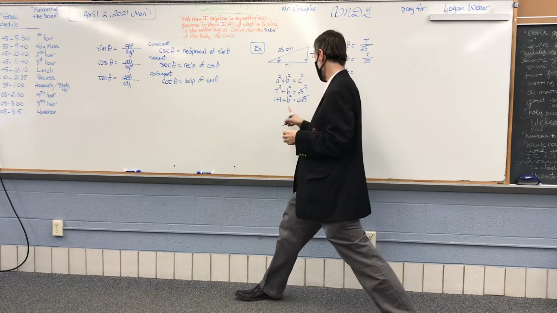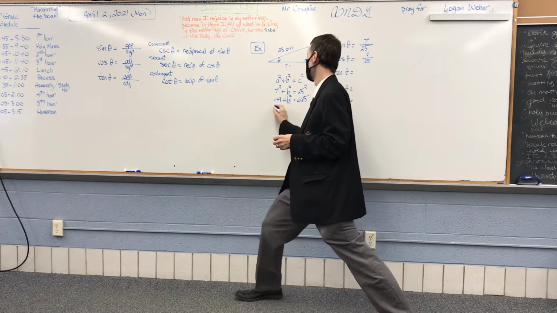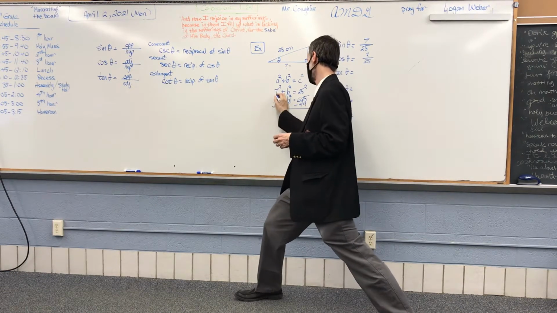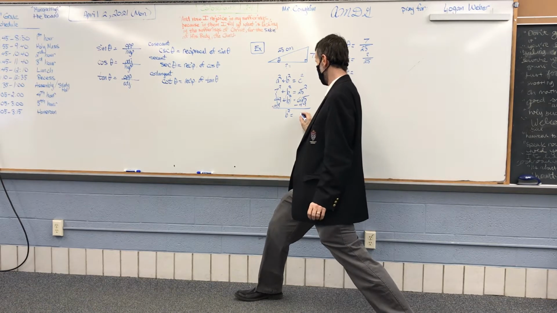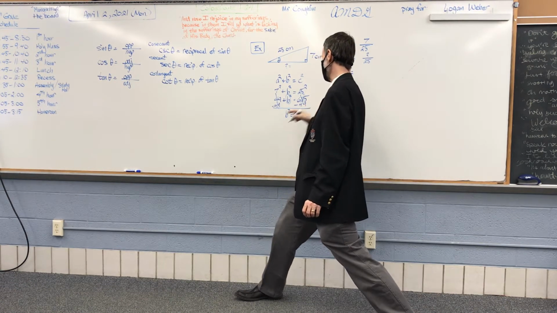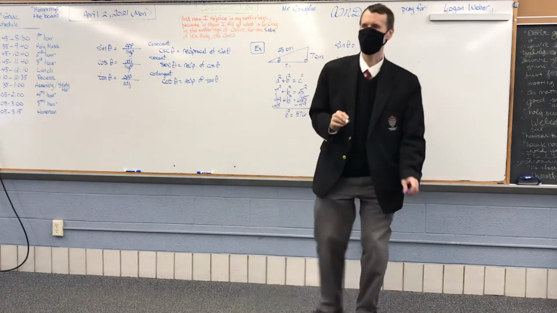I want B squared by itself. You could subtract 49. What do you get? 576. What's the square root of that?